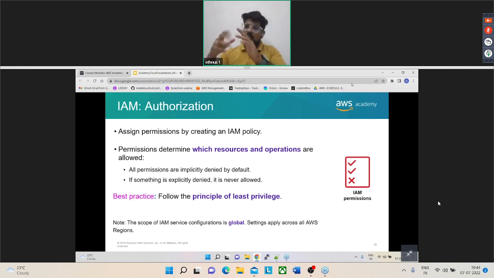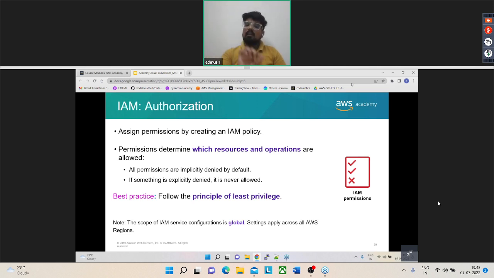Tomorrow, if she's working on multiple projects, or she got another project and she's working on both, and we are using the same AWS account, and that AWS admin gives her EC2 permission, then she would get the permission to access my EC2 instances also, because we are in the same AWS account.